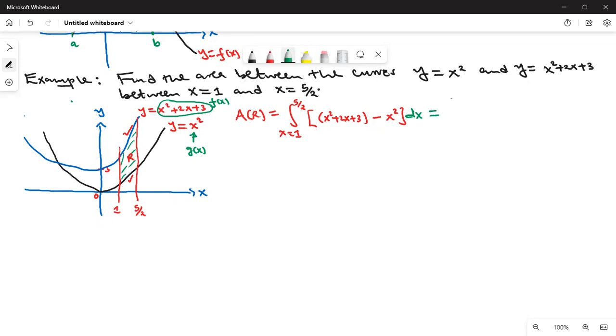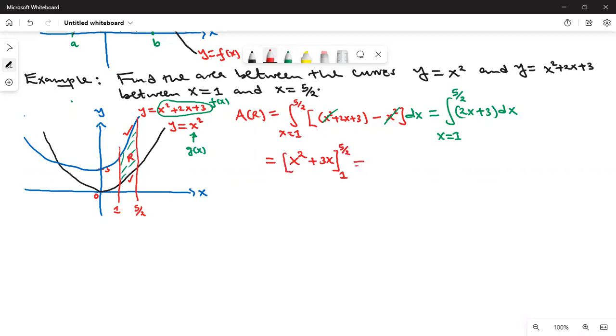So what will that give us? The integral from x equals 1 to 5 over 2. When you subtract, x squared will cancel with the other x squared, so we'll have 2x plus 3 dx. When you integrate using the power rule, that will give us x squared plus 3x from x equals 1 to x equals 5 over 2.